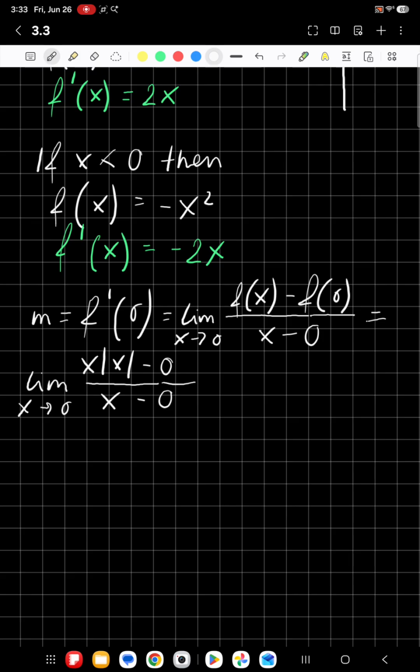So essentially what I have is the limit as x approaches 0 of x times absolute value of x over x. So these two will cancel out, and we have the limit of absolute value of x. At this point I can plug in that 0, so we get 0.